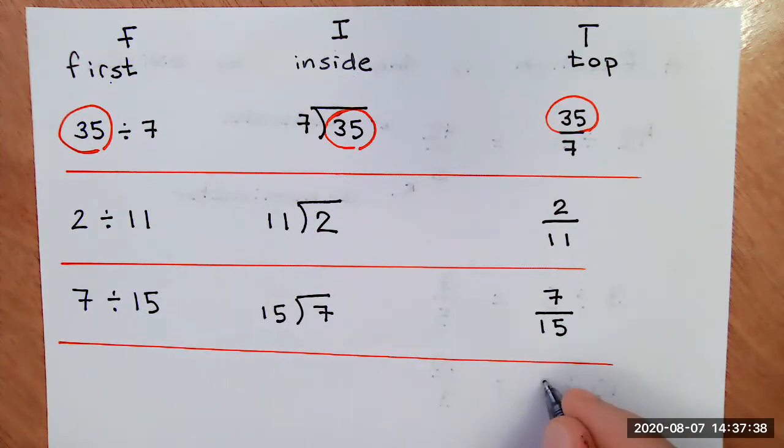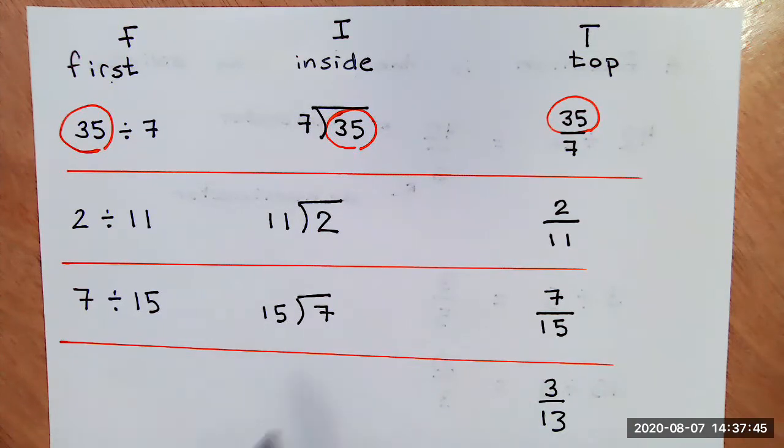I gave you 3 over 13. You should be able to write it the other 2 ways. Well, the number that's on top also goes first. And it's the number that goes on the inside.